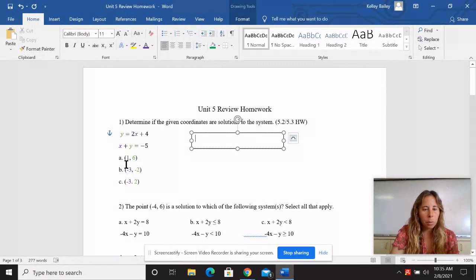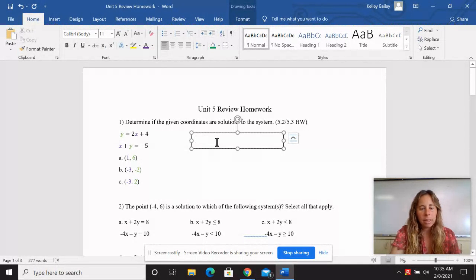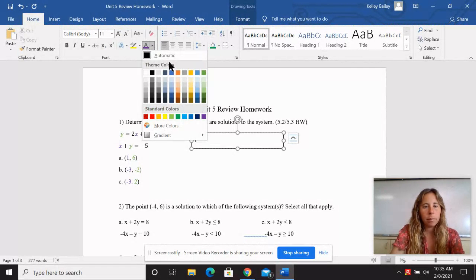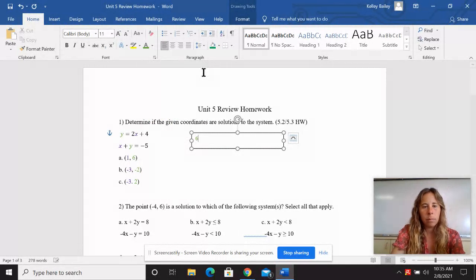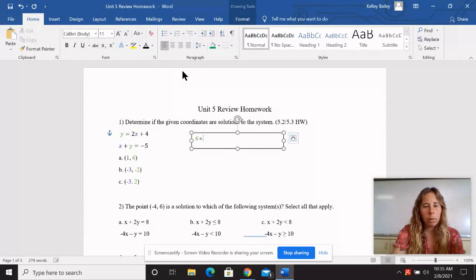We're going to substitute 1 in for x and 6 in for y. So y is 6. We're going to do the top equation first. So y is 6 equals 2 times x. All right, x is 1.